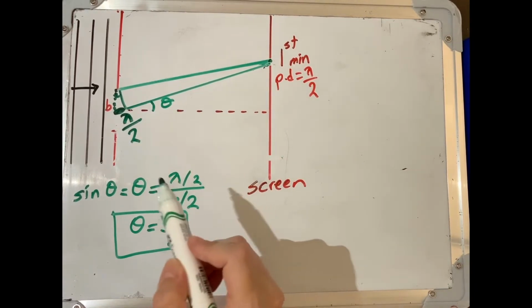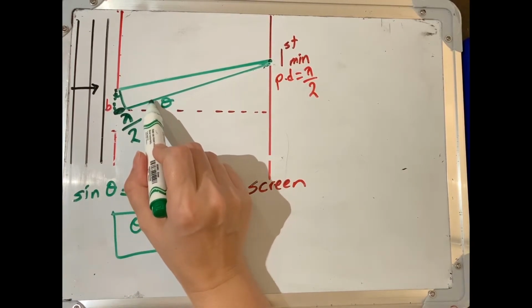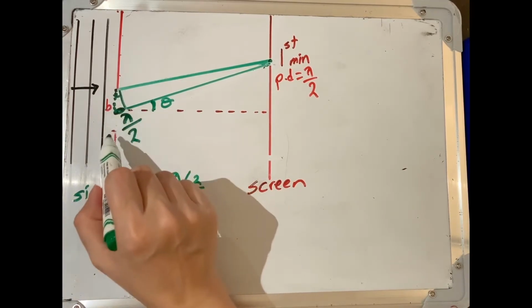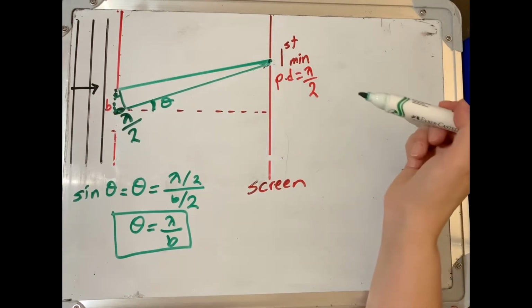So it's very important to recognize the angle on the diagram, because in a minute I'm going to explain the difference of this picture from the one we did for two-source interference, and it's crucial that you see that this angle I'm looking at here is the angle from the midpoint of the gap to the first minimum.